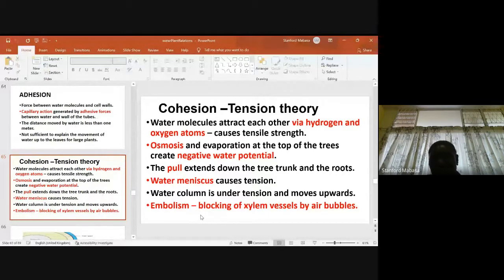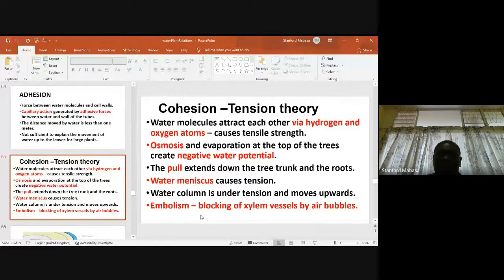Osmosis, which we tried to explain earlier on, plus evaporation at the top of the trees can create negative water potential. Now, osmosis will be the movement of water from one cell to the other via the membranes.